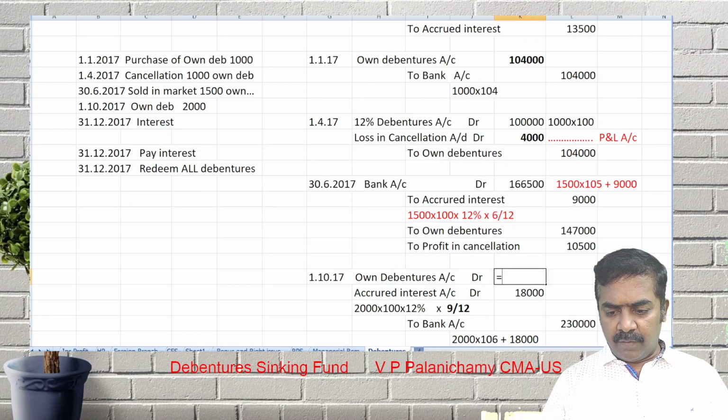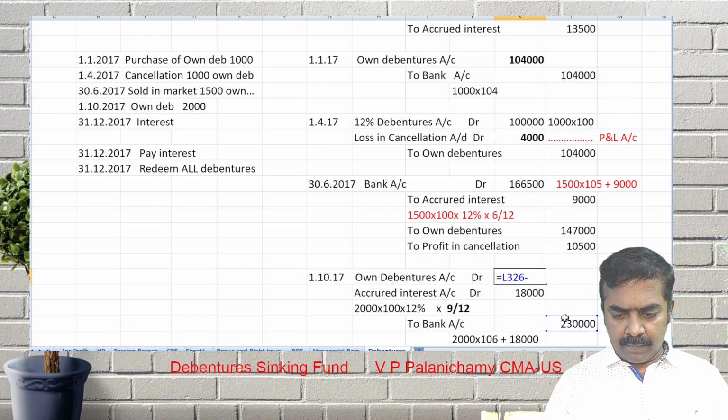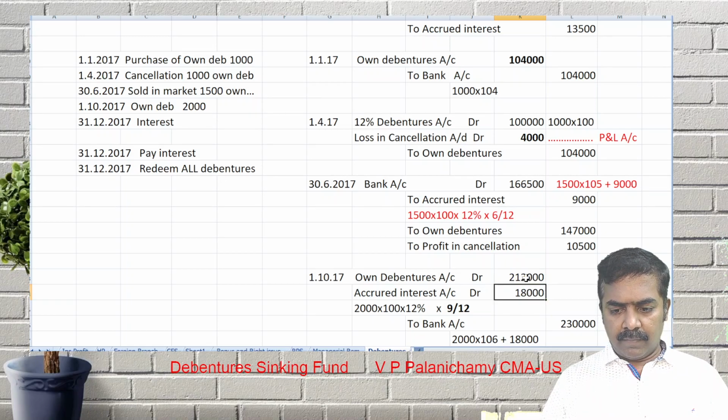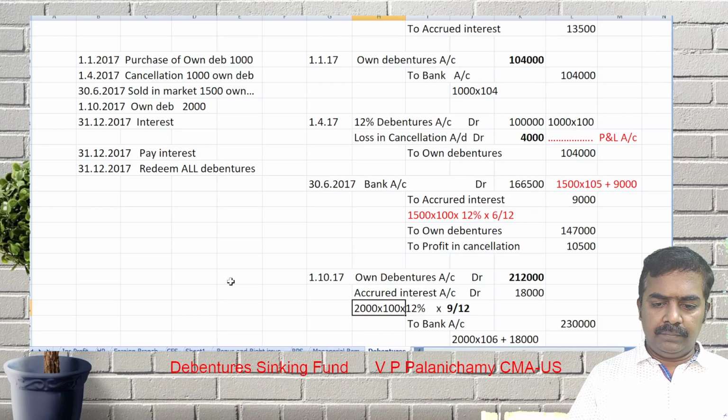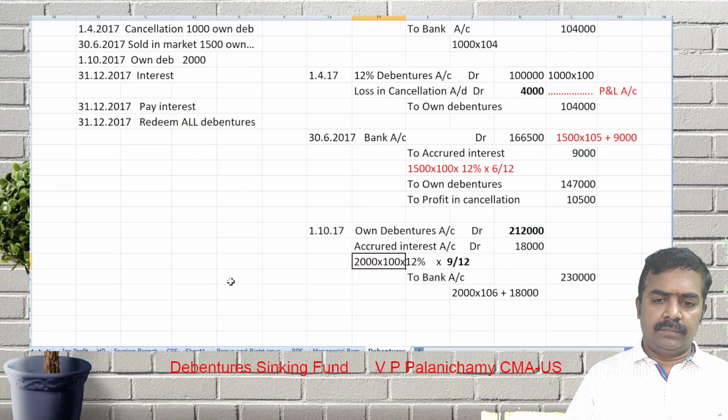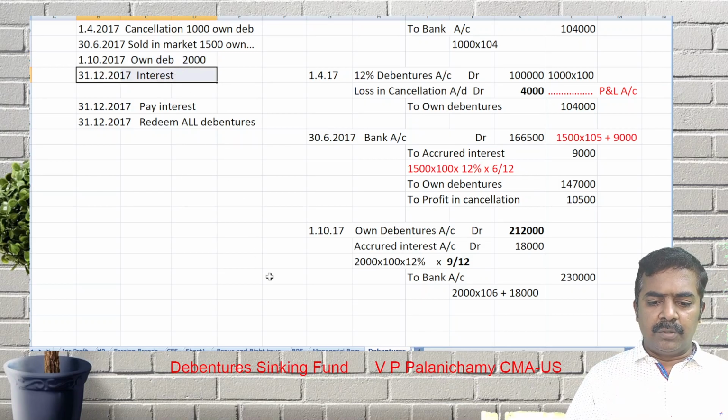So the balancing figure will be own debentures, 2,12,000. Then on 31/12/2017 interest has to be paid.